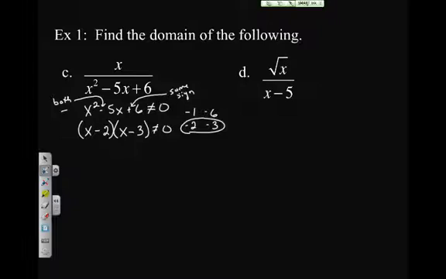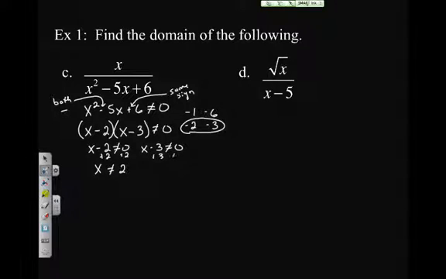Then our last step is we need to finish this. What we do is we set each piece not equal to 0. We find out that x, when we add 2 to both sides, cannot be 2.